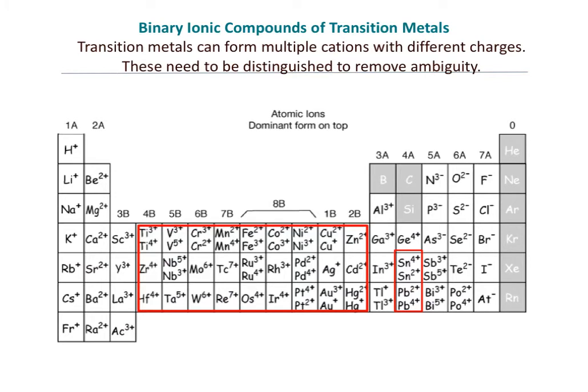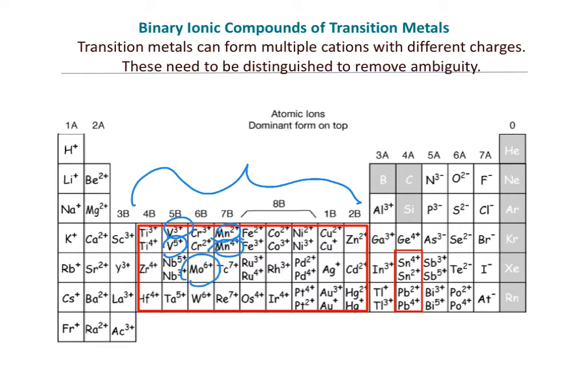If you have an ionically bonded compound that contains a transition metal, so that is one of the D block metals, the naming and writing formulas gets a bit more complicated, and that's because most transition metals can have multiple charges. So you don't ever have to memorize these.